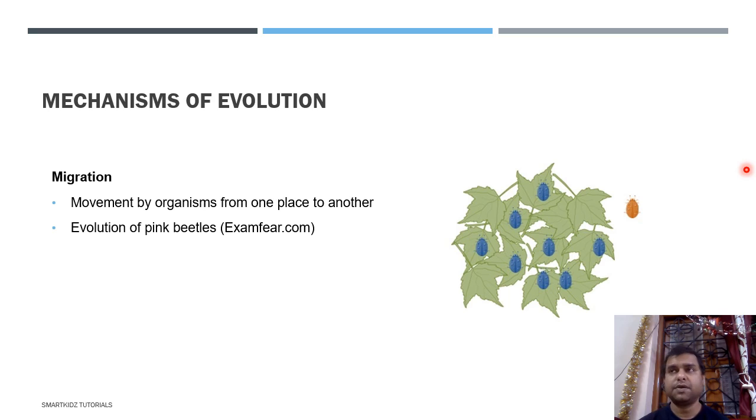And when we migrate, we happen to pair up with individuals of that place who are not from our place. Let's say a boy from Goa, India travels all the way to the US for a job.